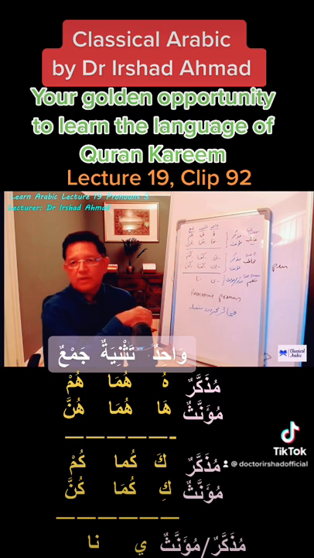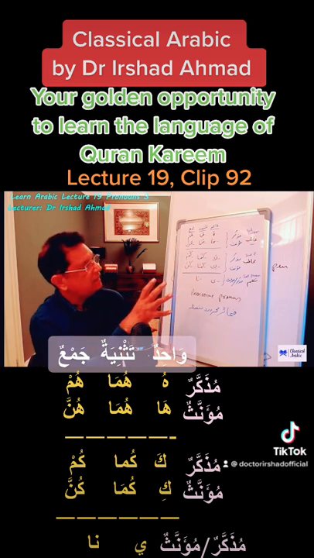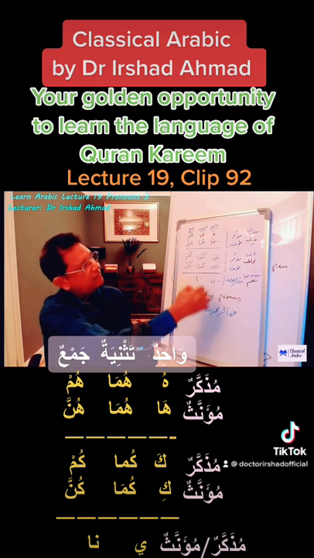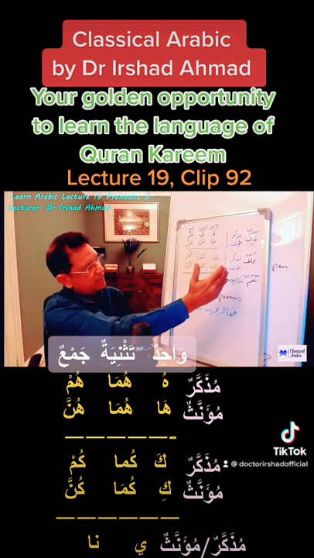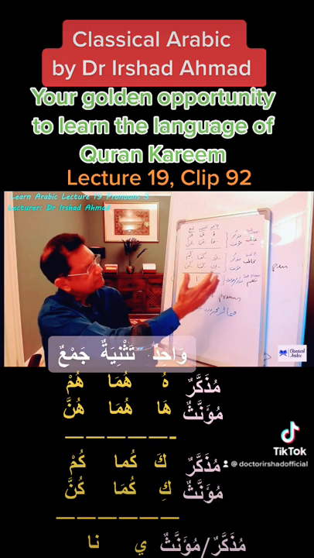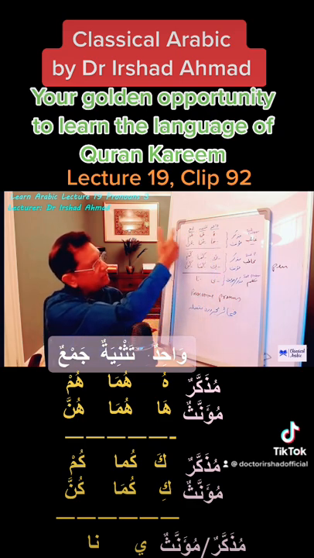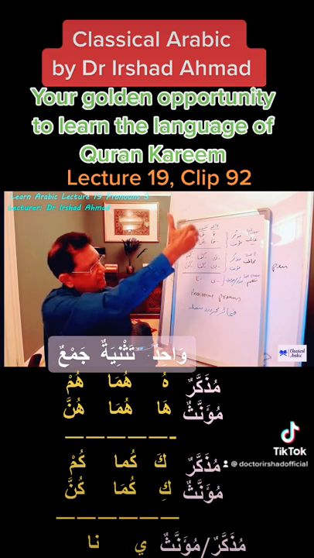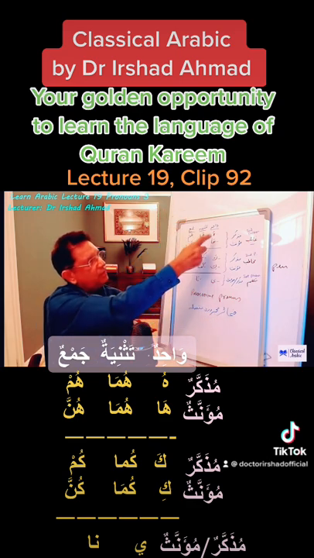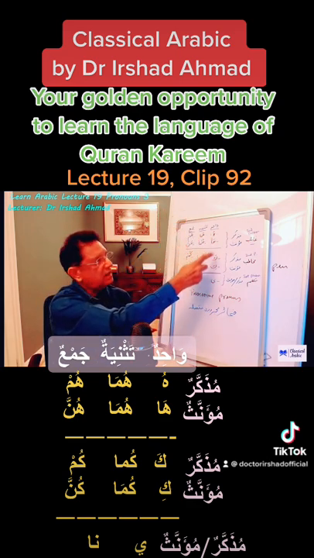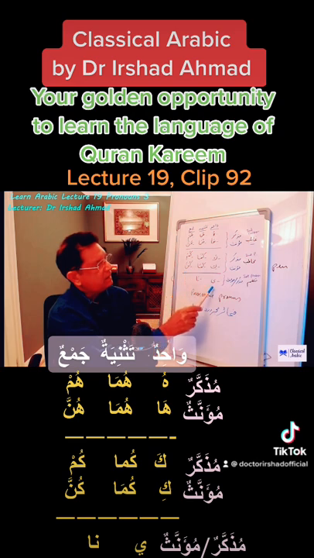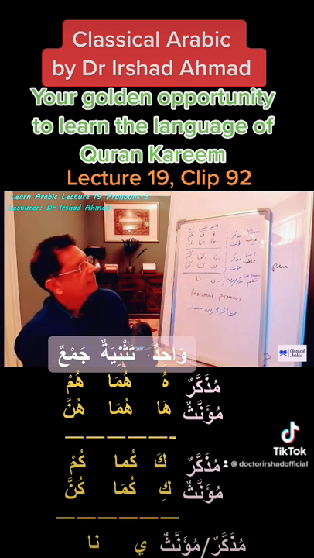The way to memorize these is again going along this chart, third person, second person, and first person, and then going along wahid, tasniya, and jama horizontally and then vertically. So hu, huma, hum, ha, huma, hunna, ka, kuma, kum, ki, kuma, kunna, ya, and na.